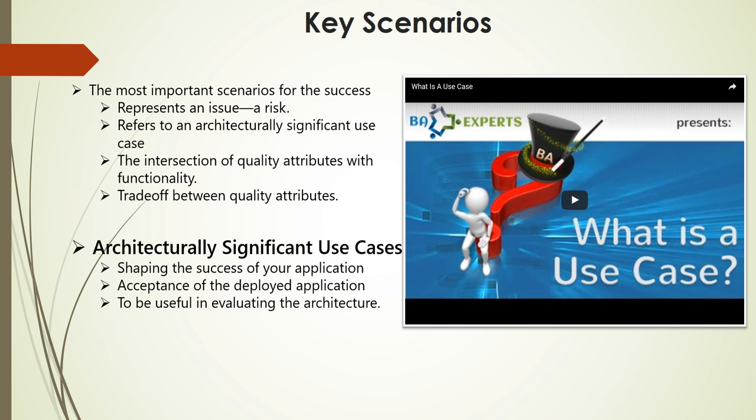Architecturally significant use cases are in two groups. The first is business critical. The use case has a high usage level or is particularly important to users or other stakeholders when compared to other features, or it implies high risk. The second is high impact.